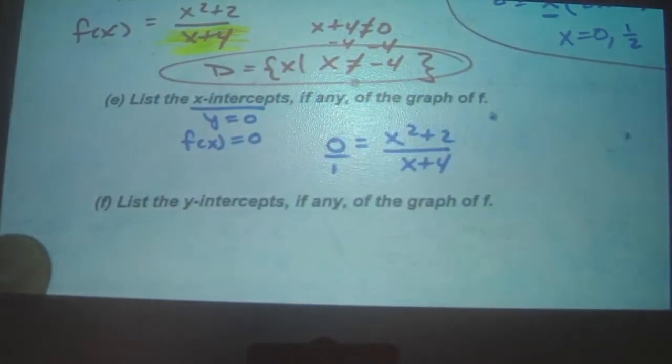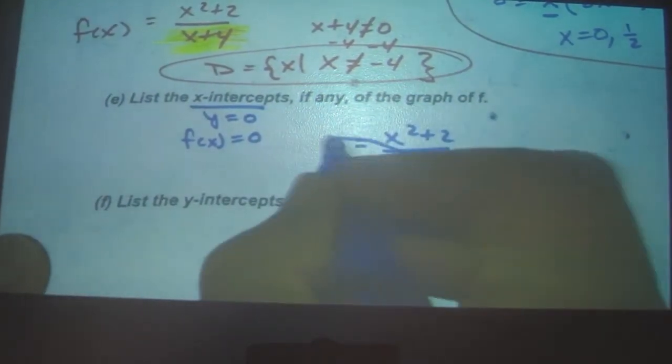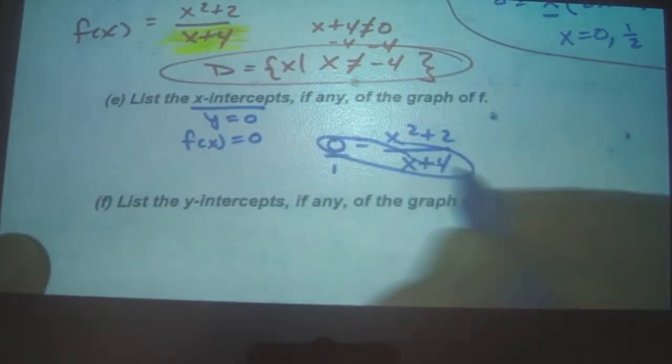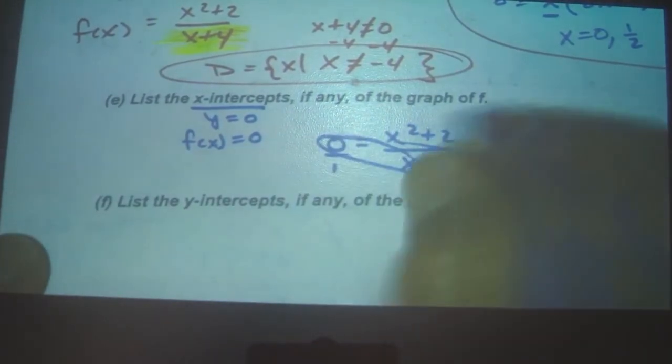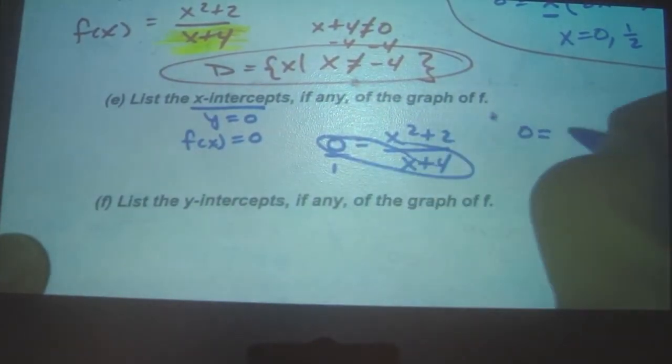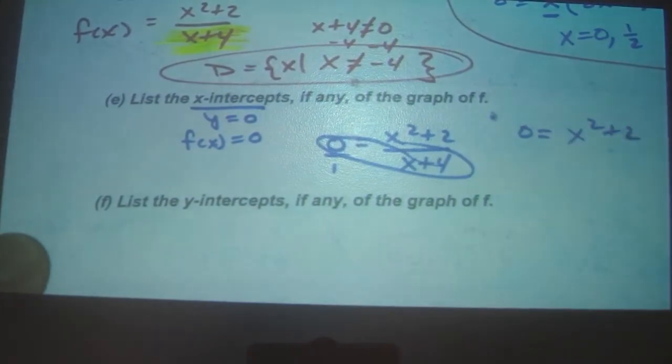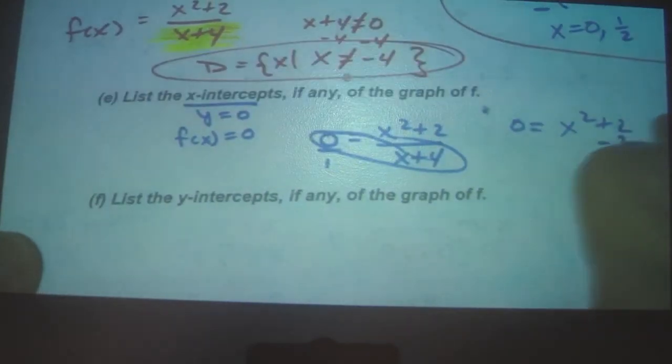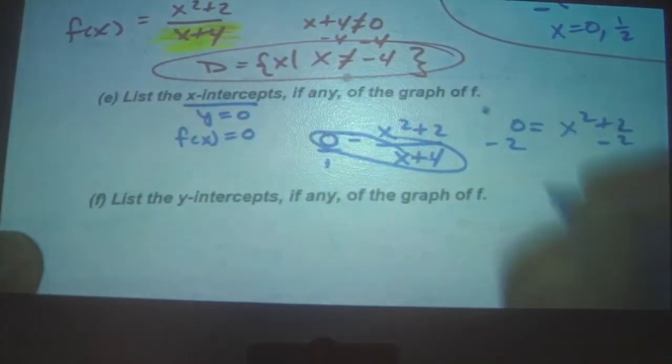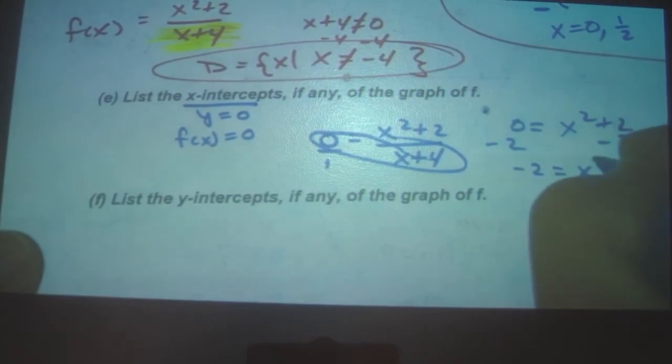Now think of that as that proportion again. When I cross multiply, 0 times anything is 0. And then 1 times x squared plus 2 is x squared plus 2. Now, you could try to factor that. That doesn't factor. You can try subtracting the 2 over. We get -2 equals x squared, and then square root both sides.